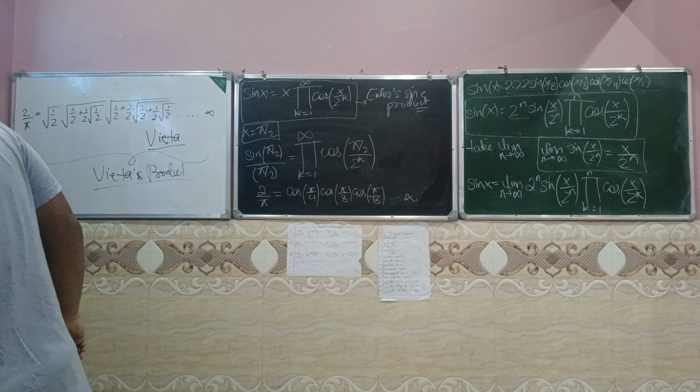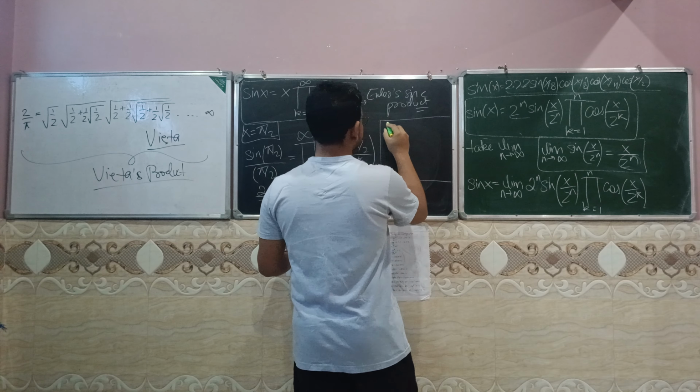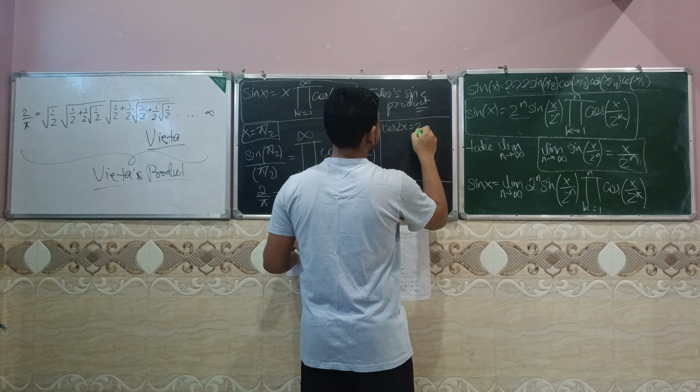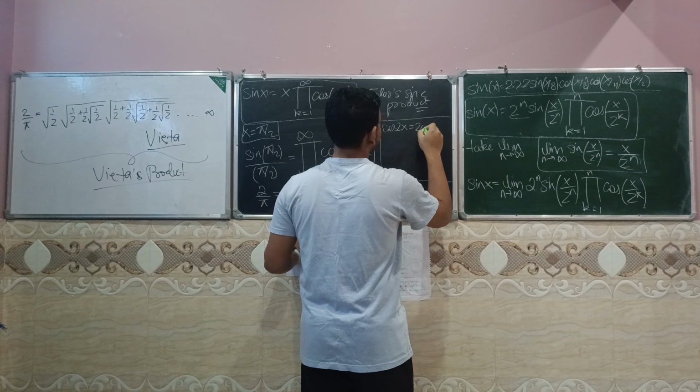Okay, that's good. And now we're going to look at these formulas while taking into consideration the very good formula that says cosine of 2x is 2 cosine squared x minus 1. Let's simplify this.